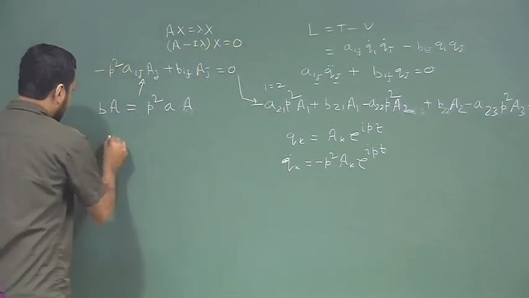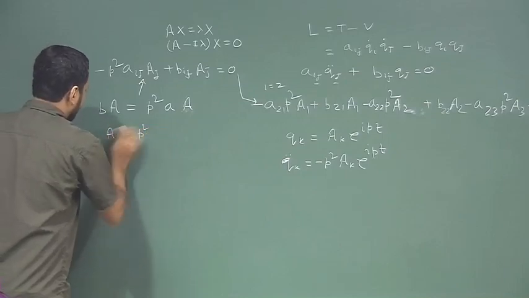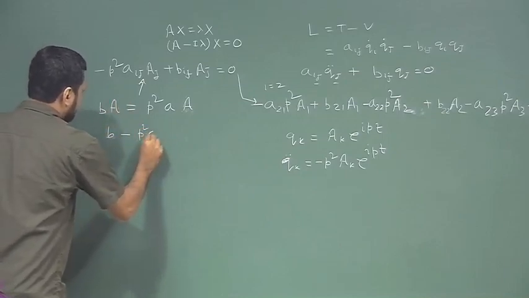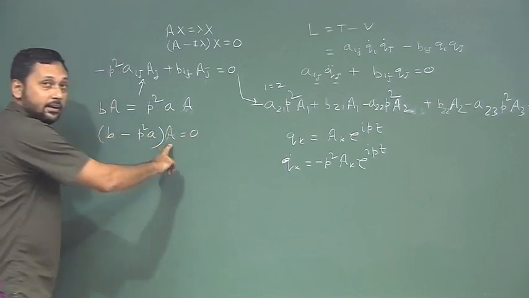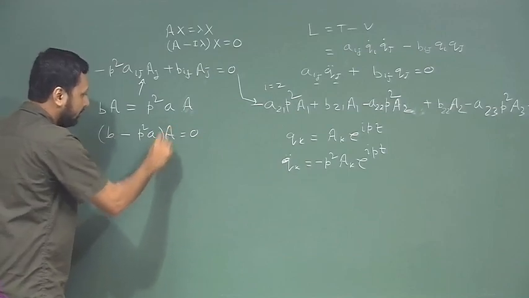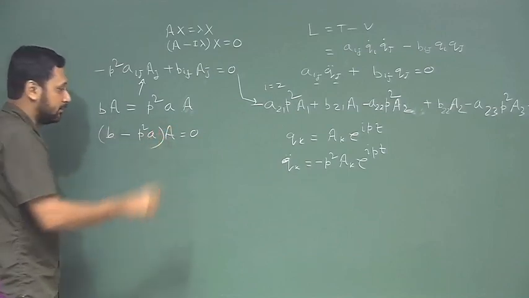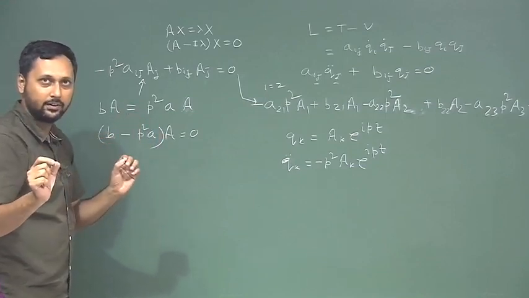Similarly, we can do the same thing here: B minus p square A times capital A equal to 0, where capital A is the column vector representing all the amplitudes for all the mass points.